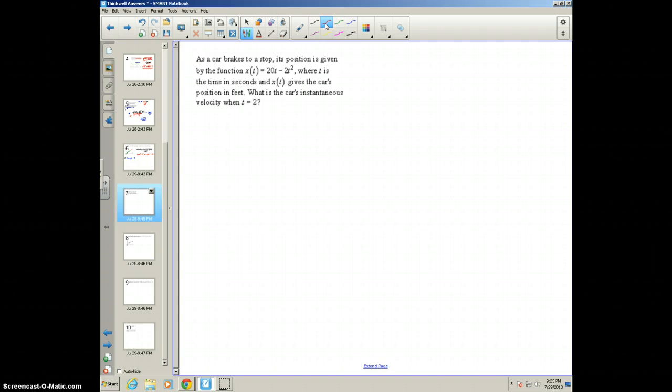So we have x(t), which is 20t minus 2t squared. This is a little more advanced for students who are going according to Thinkwell, but this is the easiest way to do this problem. So x prime of t, which is the way to write a derivative, would be 20 minus 4t.